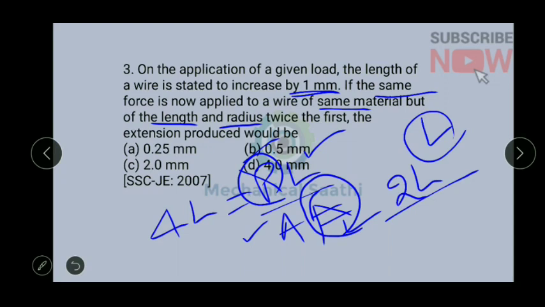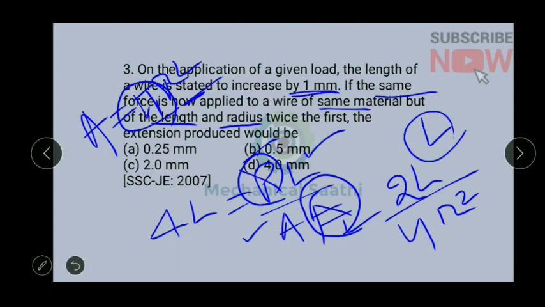For calculating area, the area will be pi r square. Pi is constant, but r is changing, so instead of r we need to write 2r. So (2r) square will be 4 r square. So I have written the changes over here.